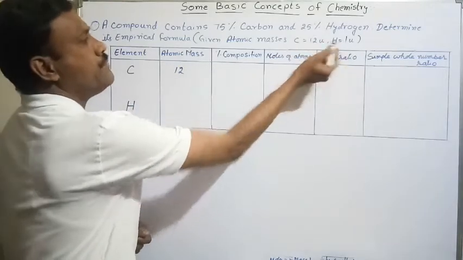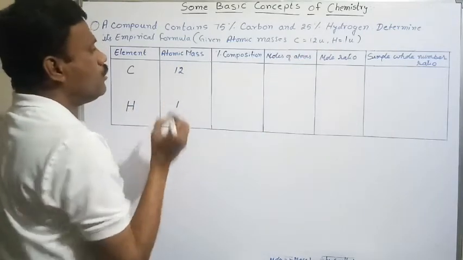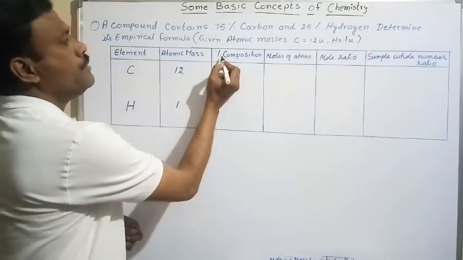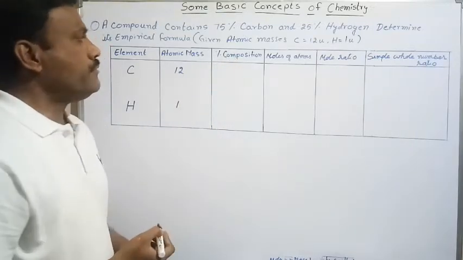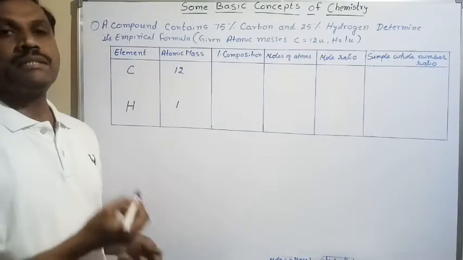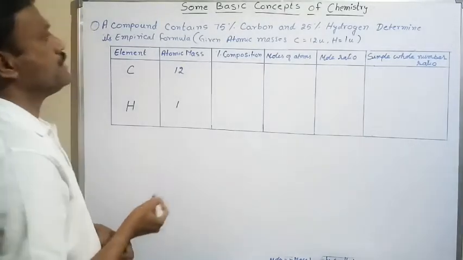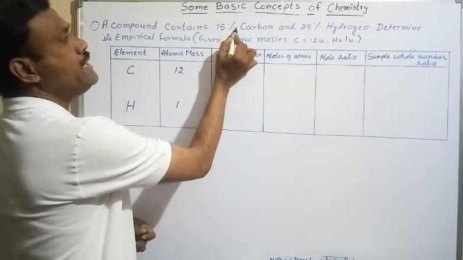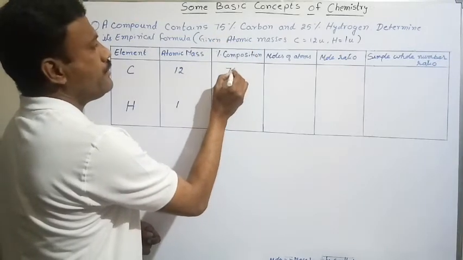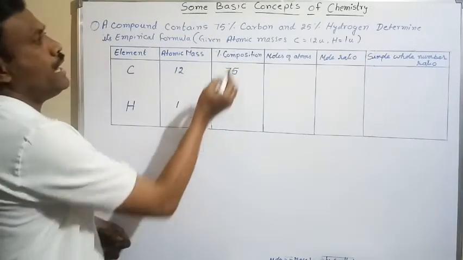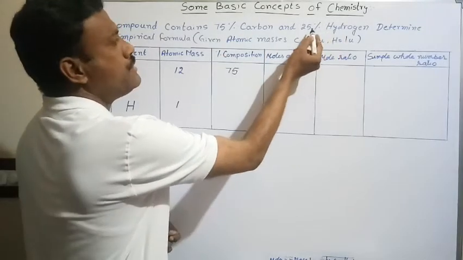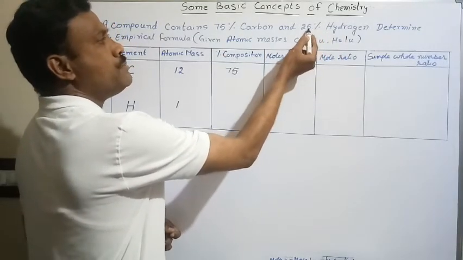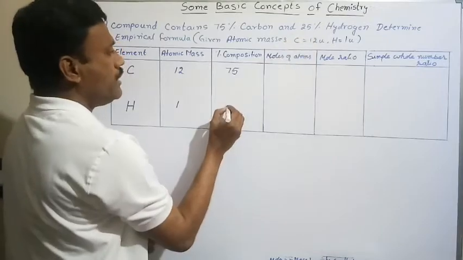Hydrogen atomic mass is 1. Percentage composition or mass percentage: carbon is 75% and hydrogen percentage composition is 25%.